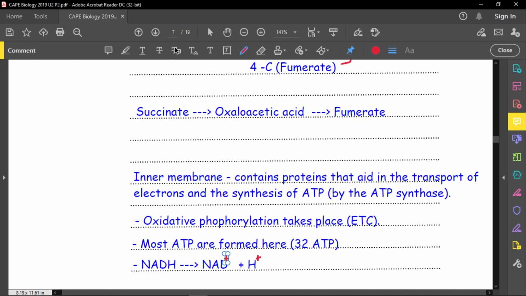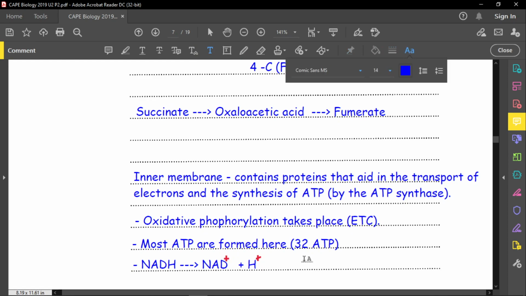The reason I'm telling you this is because this process will release a lot of high energy electrons.